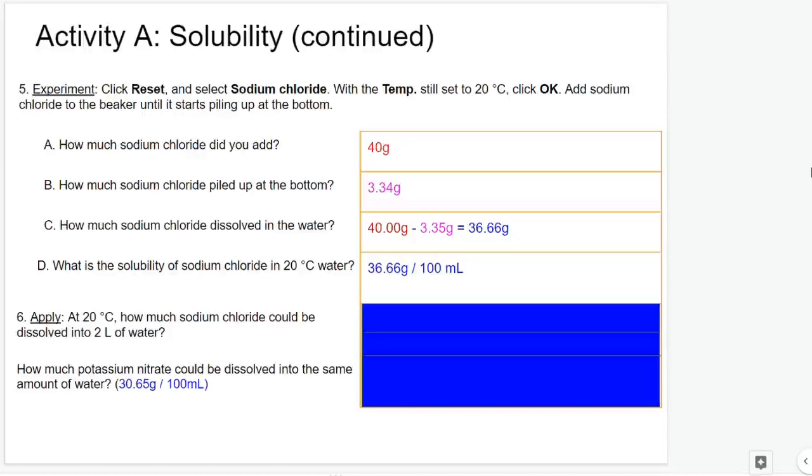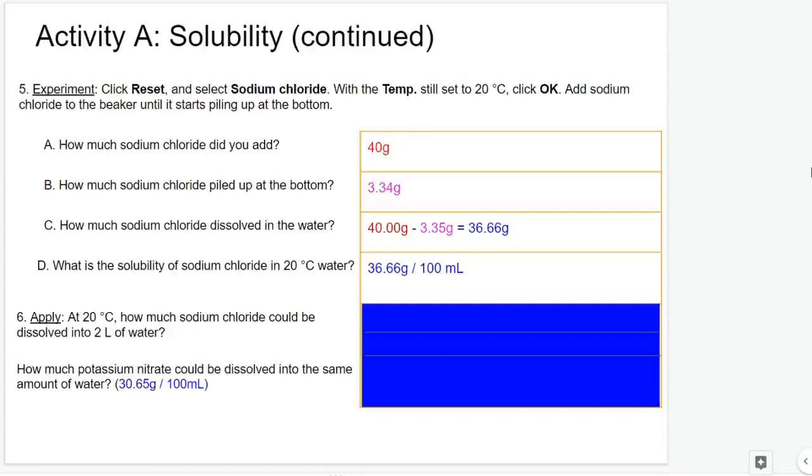Now the next question says at 20 degrees, how much sodium chloride could be dissolved in 2 liters of water? So there's two things we need to figure out here. First, I need to figure out how many times 100 milliliters goes into 2 liters. So 1 liter is equal to 1,000 milliliters.